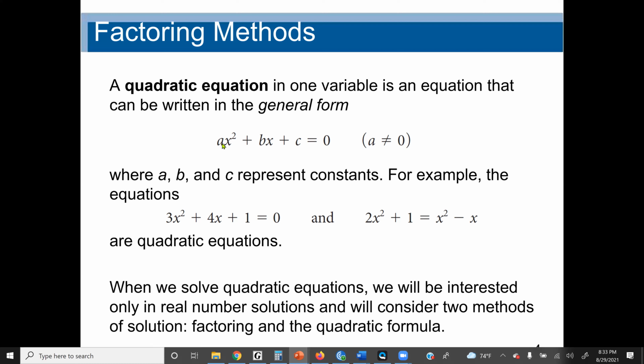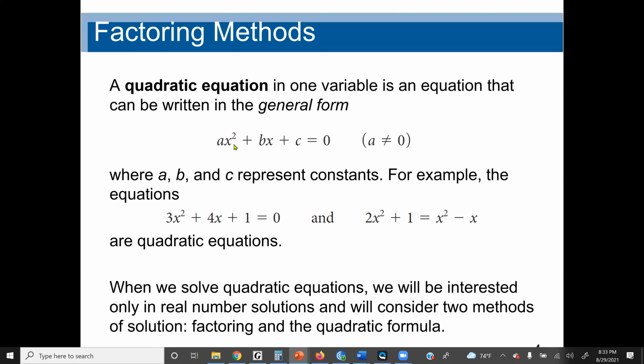A is the coefficient of x squared, b is the coefficient of x, and c is a constant value. A can never be 0, because if a equals 0, the equation will not be a quadratic equation anymore. It will be a linear equation, what we call a simple equation.